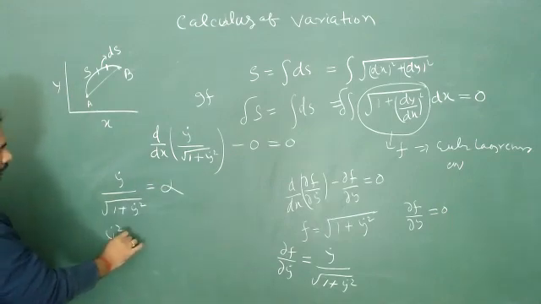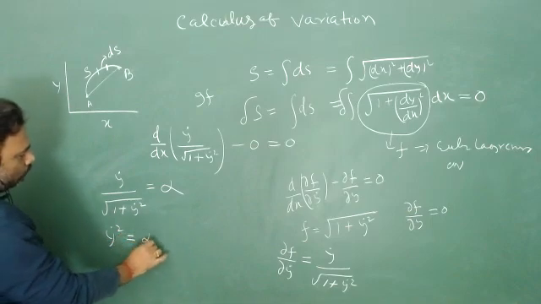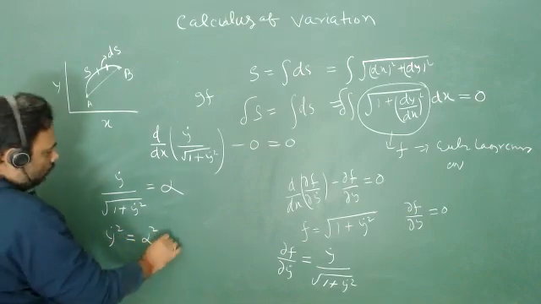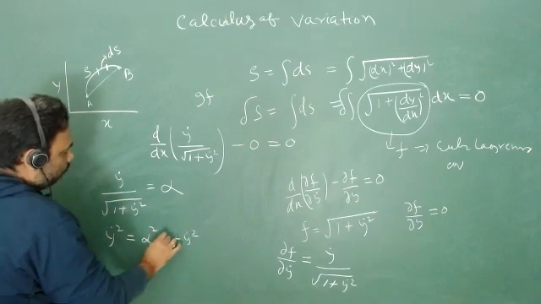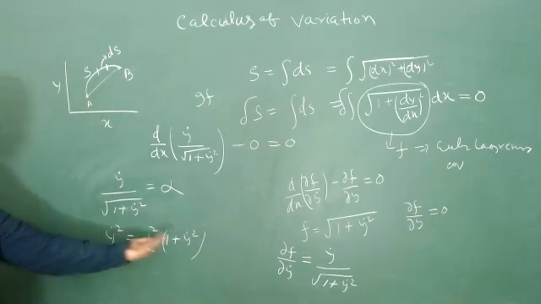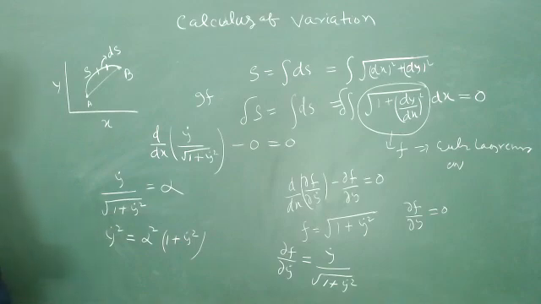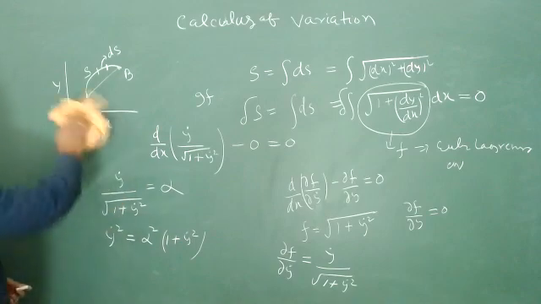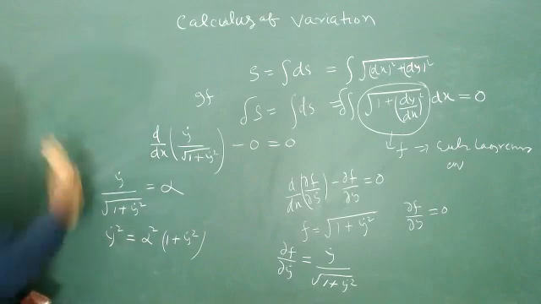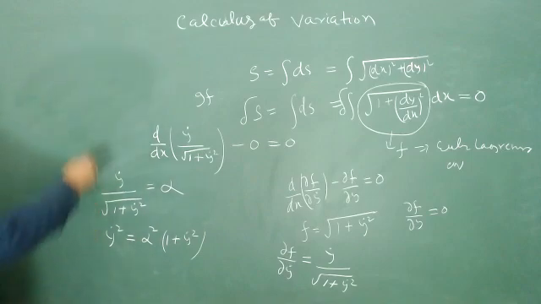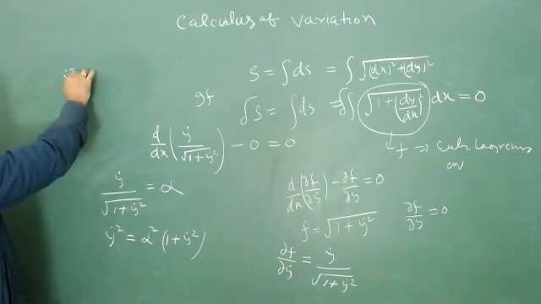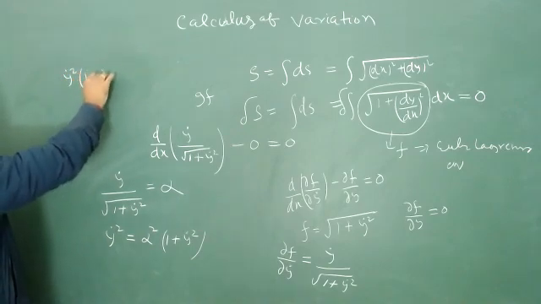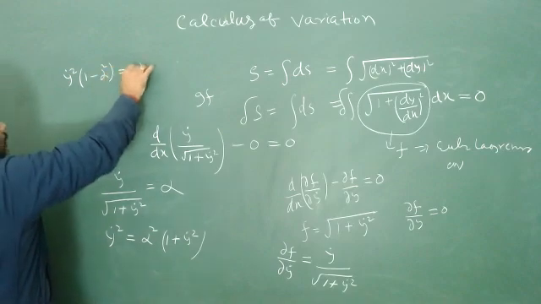Now what I will do, I will square both sides, then I have y dot square must be equal to alpha square times 1 plus y dot square. Okay, so I will take y dot square together, then we have y dot square times 1 minus alpha square is equal to alpha square.